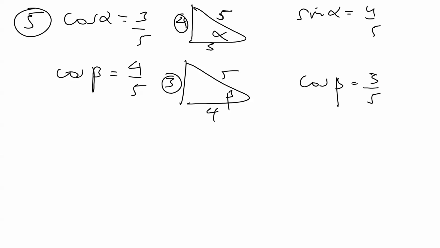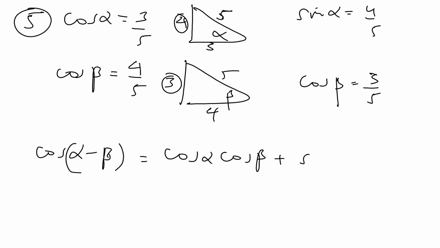Now see, first we'll calculate cos (alpha minus beta). So cos (alpha minus beta) is the compound angle formula: cos alpha cos beta plus sin alpha sin beta.